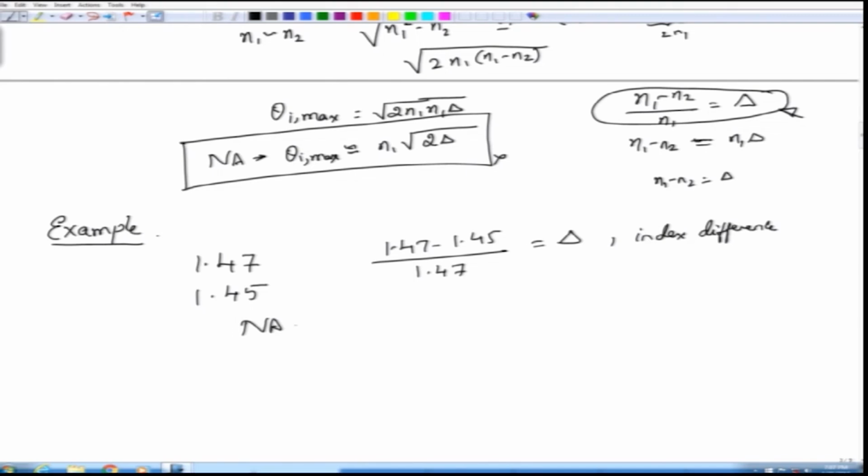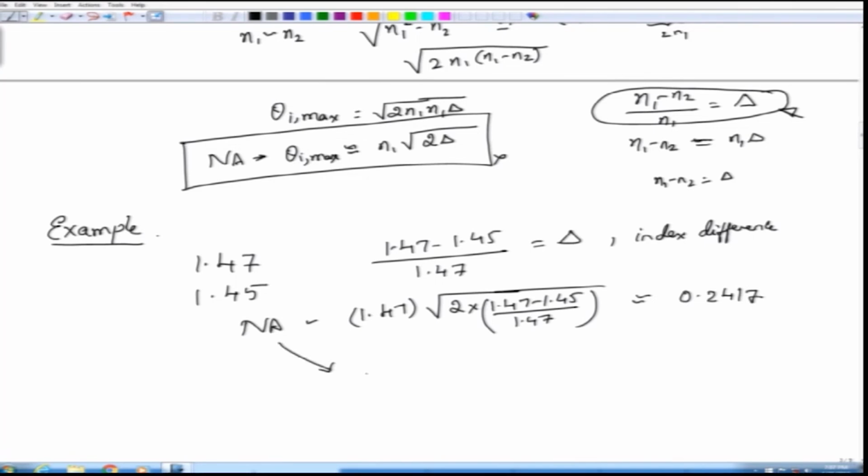The numerical aperture is given by 1.47 times square root of 2 into delta, which is 1.47 minus 1.45 divided by 1.47, and it turns out that this numerical aperture is approximately 0.2417. But remember, numerical aperture is nothing but theta I max, and this is expressed in radians.